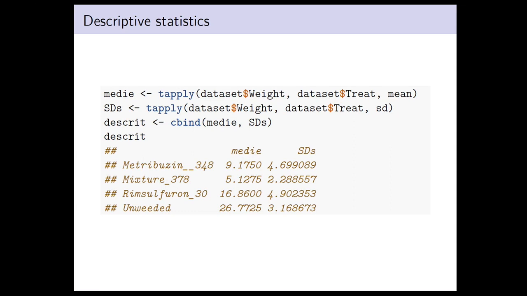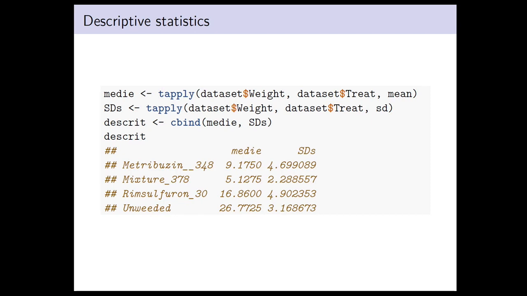That means that the treatment effect is negative. With the mixture it is even more negative. The herbicide decreases the weight with respect to the overall mean. With rimsulfuron, the effect would be positive because the herbicide increases the weight with respect to the overall mean, and with the unweeded, of course, it is even more positive because the weight is much higher than the overall mean.